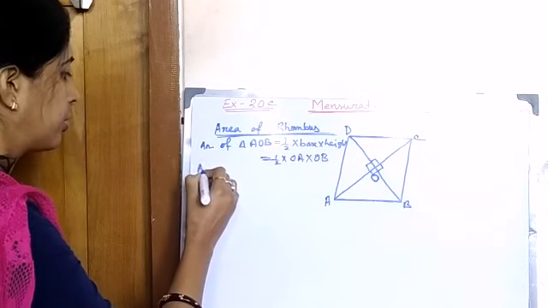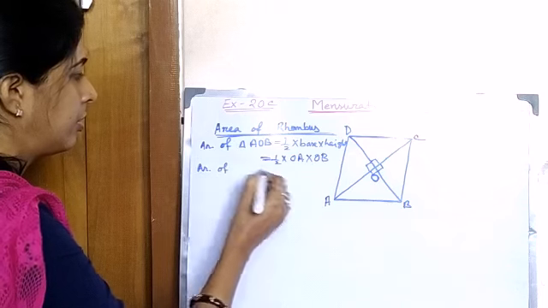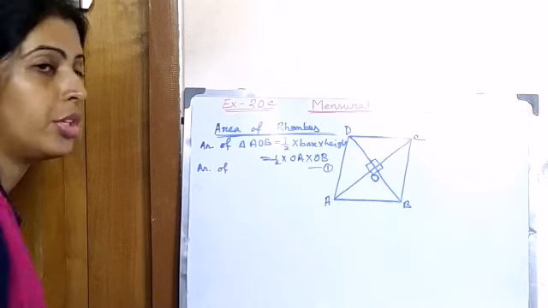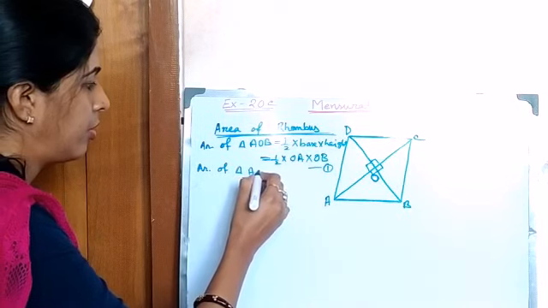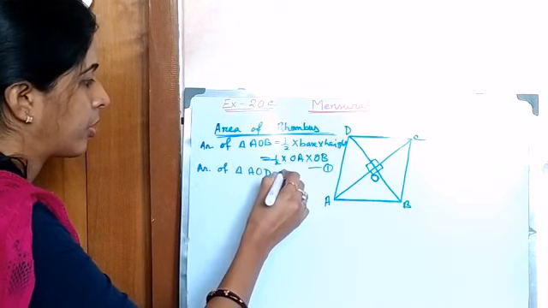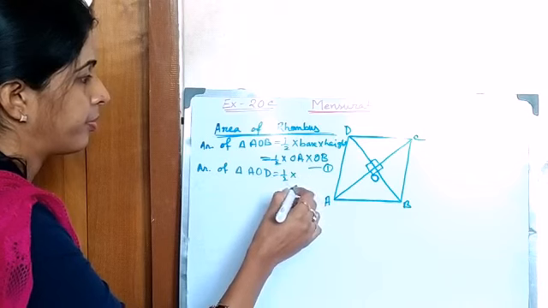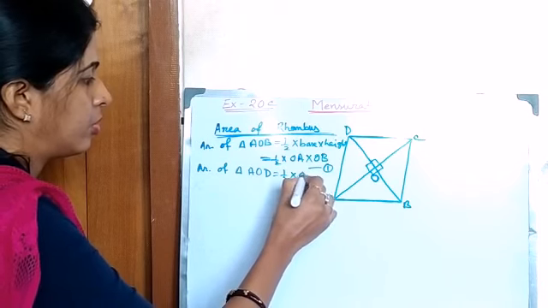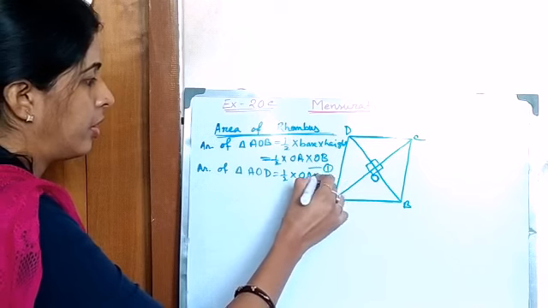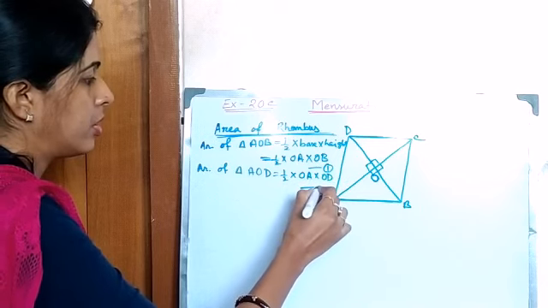This is equation 1. Now the area of triangle AOD is half into OA into OD. This is number 2.